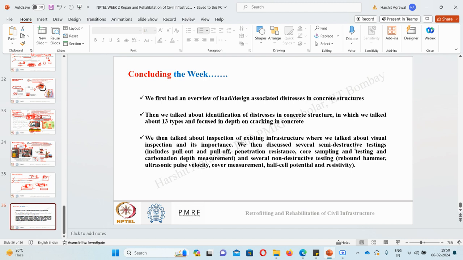Then we discussed several semi-destructive testing, which include pull-out and pull-off, penetration resistance, core sampling and testing, and carbonation depth measurement. And then we talked about several non-destructive testing, which includes rebound hammer, UPV, cover measurement, half cell, and resistivity. Okay, so this was all for today's session.